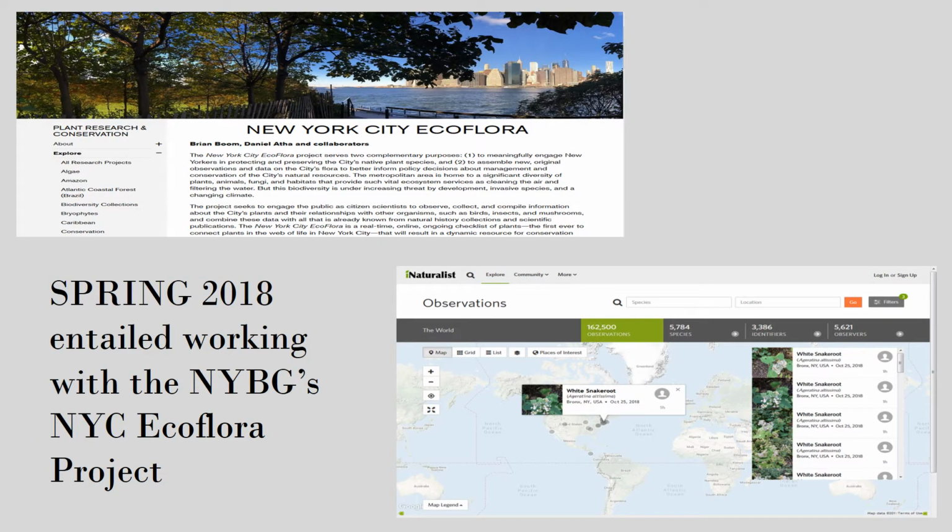The students in the first class in 2018 were asked to work with data that was collected by citizen scientists as part of the New York City EcoFlora project. That data was collected and saved within the iNaturalist app, so we could go there to download the requisite material.